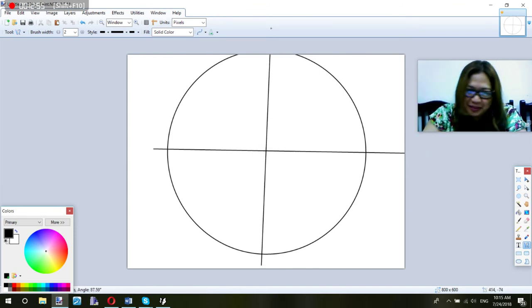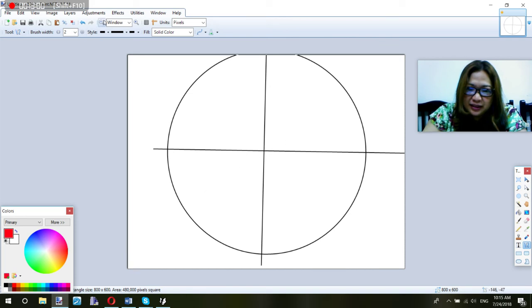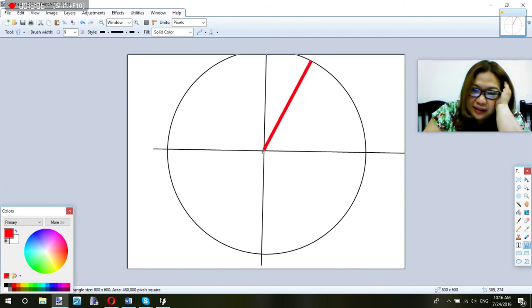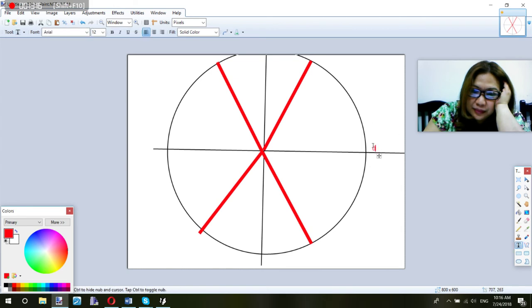If I split this up into thirds, it would look something like this, where this is 0, pi thirds, 2 pi thirds, 3 pi thirds, 4 pi thirds, and 5 pi thirds is what we're looking for.